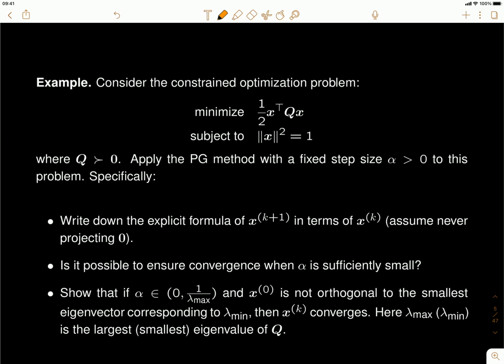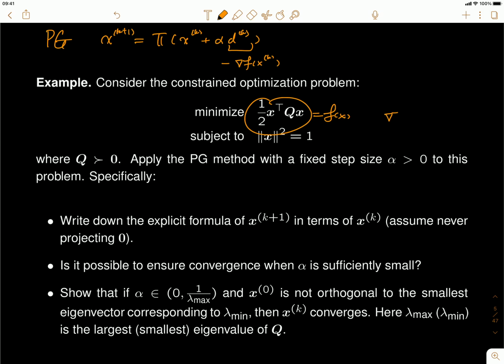Recall that the projected gradient method is x_{k+1} equals the projection of x_k plus alpha d_k. Let's say we choose d_k to be the negative gradient of f at x_k. The gradient of f of x, we know, is just equal to Qx. So this thing here is just negative Q x_k.